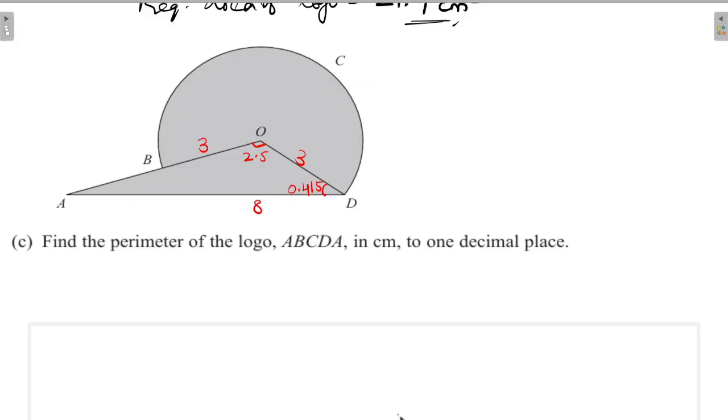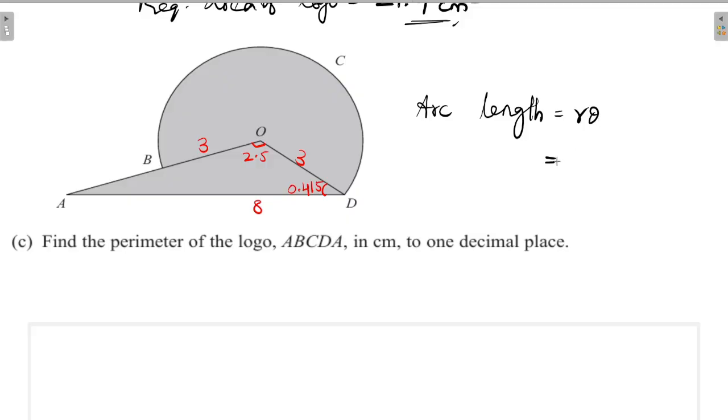See part C. Find the perimeter of the logo. This answer is also to 1 decimal place. Perimeter is the arc length plus AD plus AB. This is the required perimeter. Let us find the arc length of the sector. Arc length is equal to r theta.